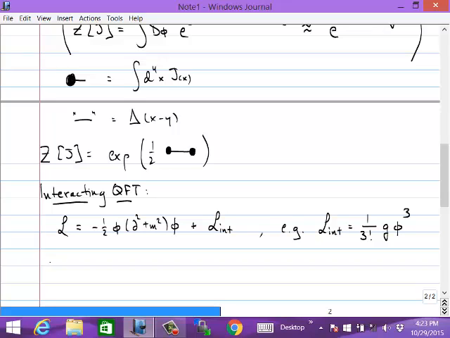Okay. So the exact path integral, which you would need to compute the correlation functions precisely, is too difficult to do.